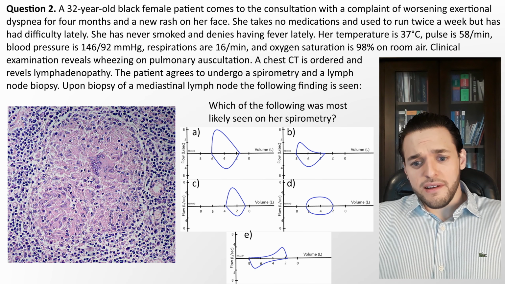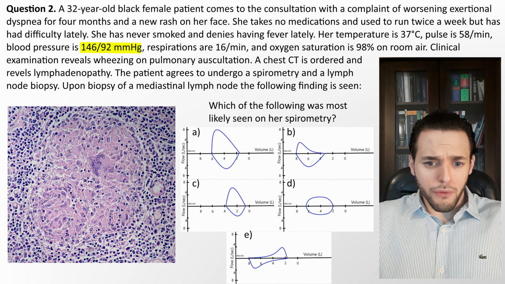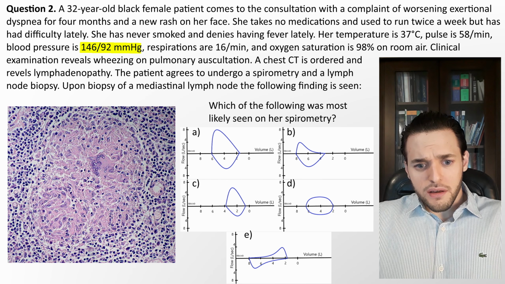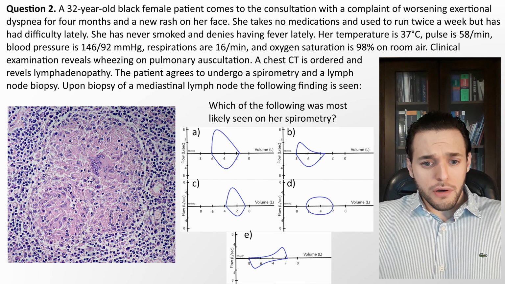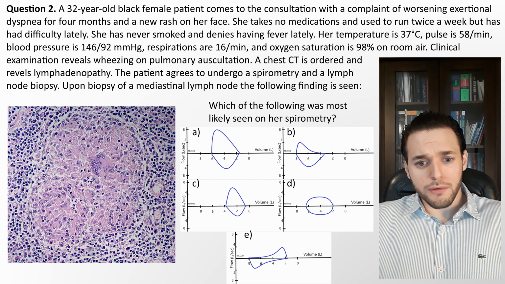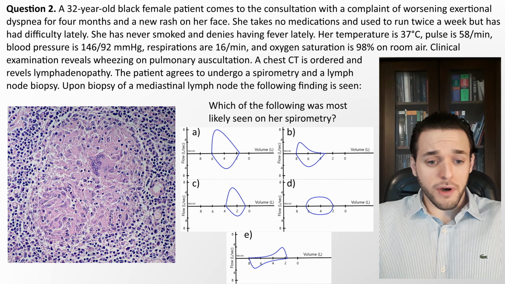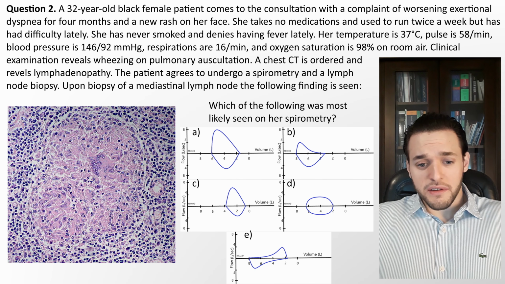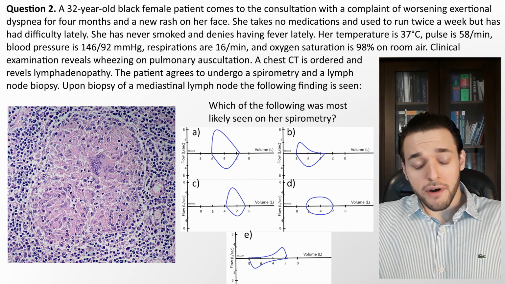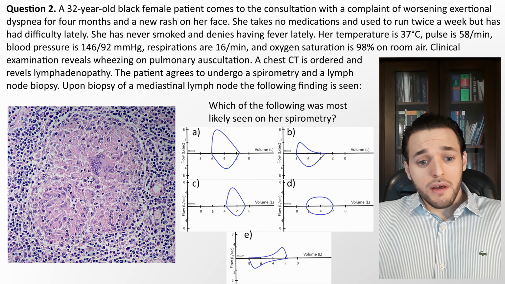She is slightly hypertensive here, but overall her vital signs are normal. She has a somewhat low pulse, but we've heard here that she runs twice a week, so okay, she is somewhat athletic, doesn't mean anything for us at this moment.